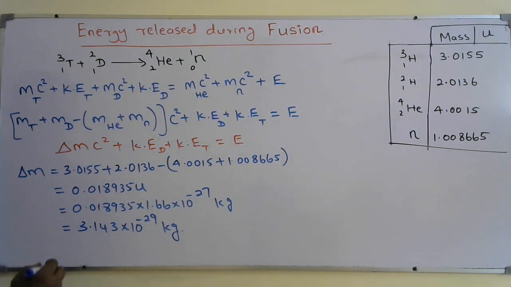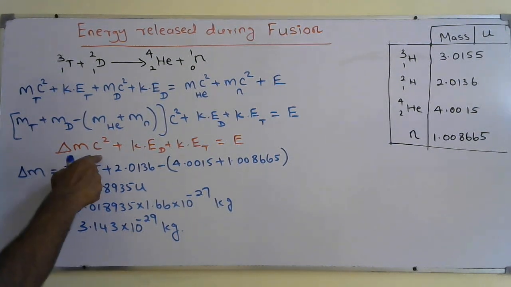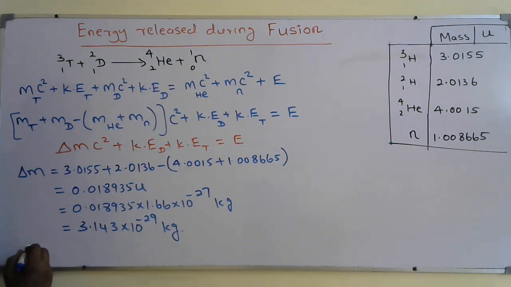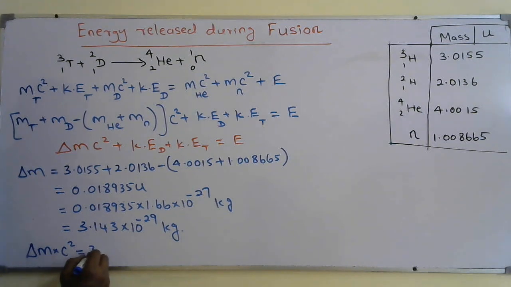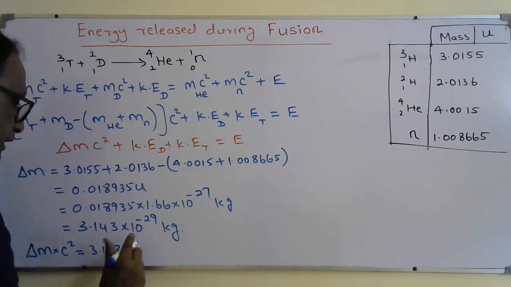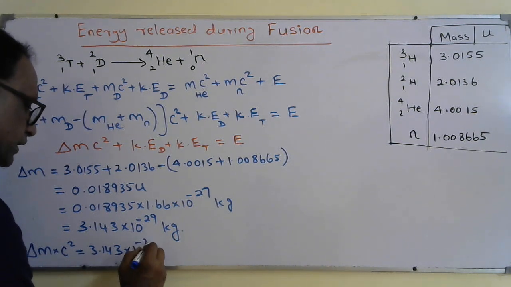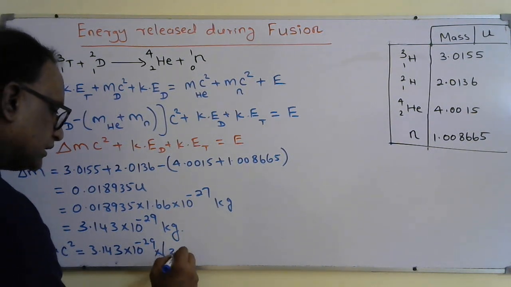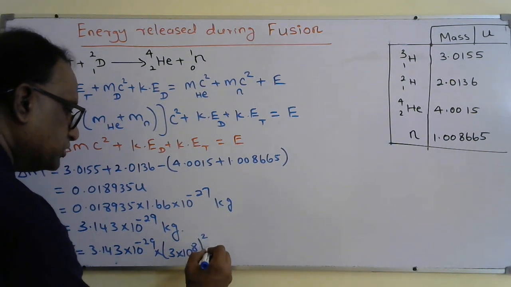Now find the energy release, delta M C squared: 3.143 times 10 to the power minus 29 times 3 times 10 to the power 8, all squared, in joules.